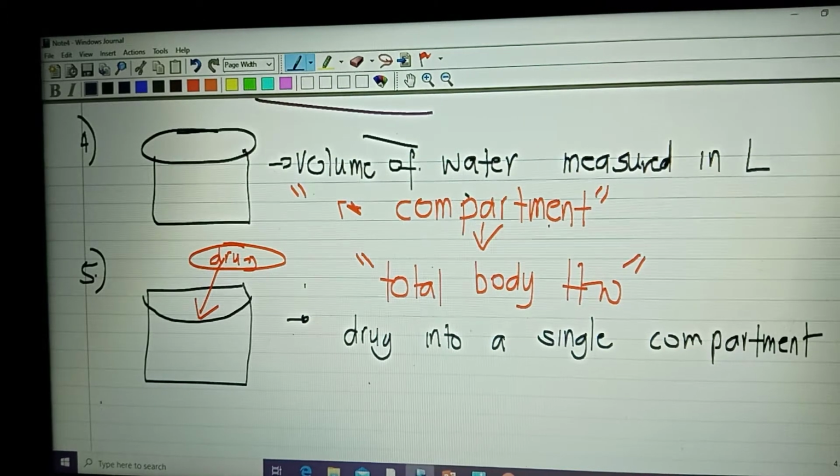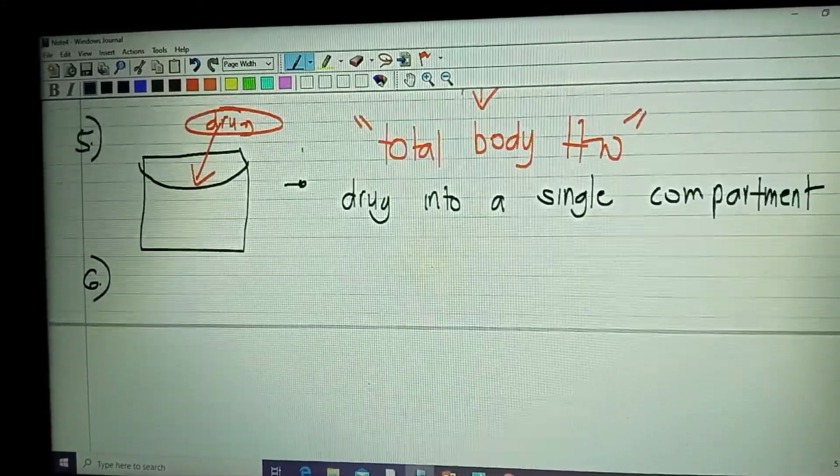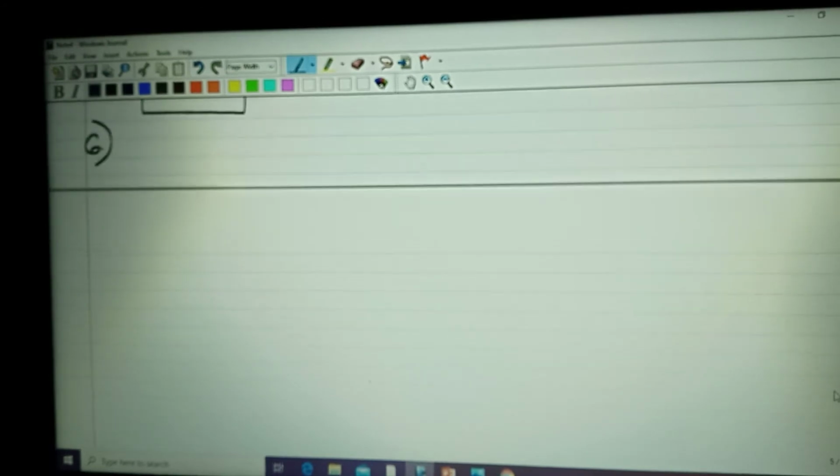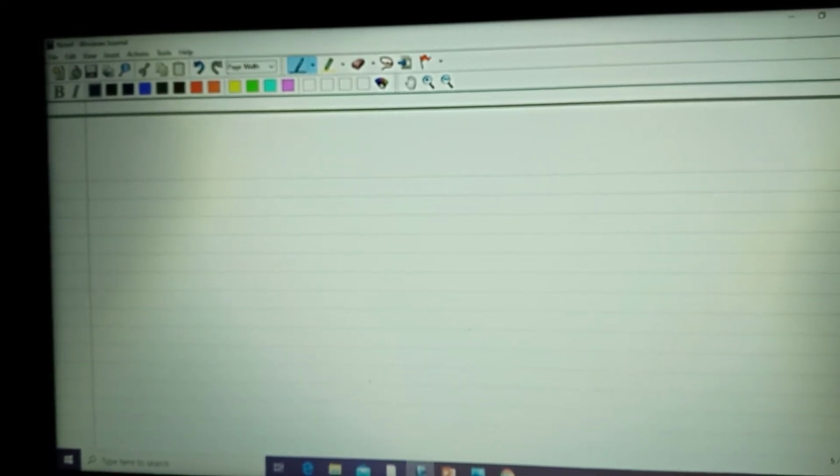Now, in figure number 6, so that we can understand what is happening in our body, let's divide the total body compartment into 2 compartments.